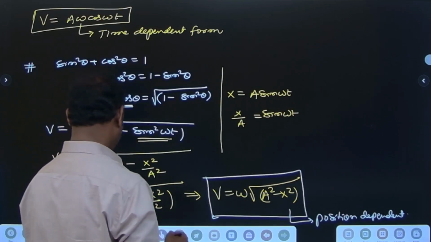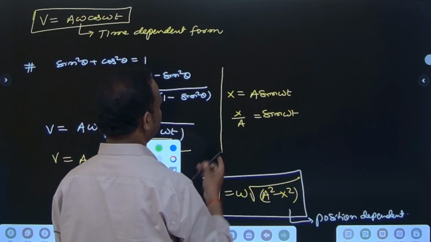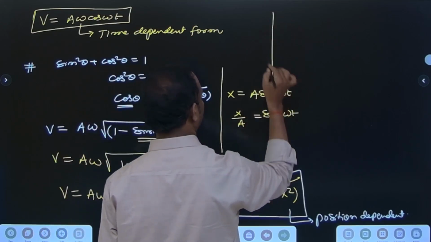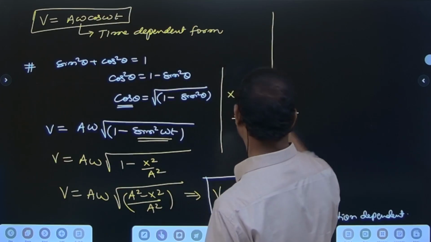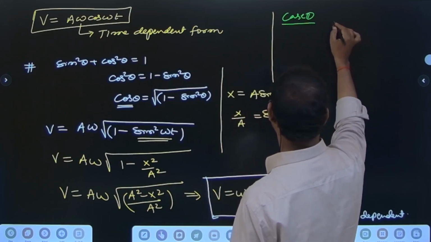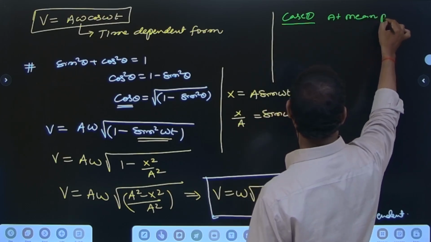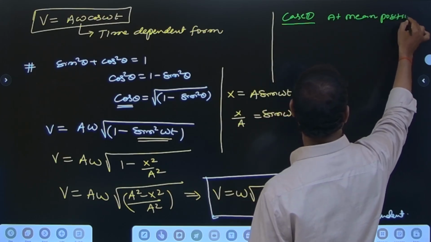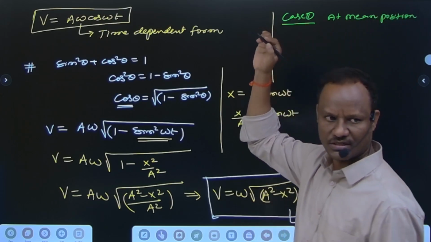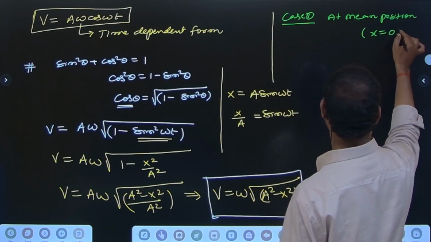Okay, so let me know where the velocity is maximum and where the velocity is minimum. Velocity is maximum for case 1, at the mean position. Particle started from mean position means x is equal to 0.